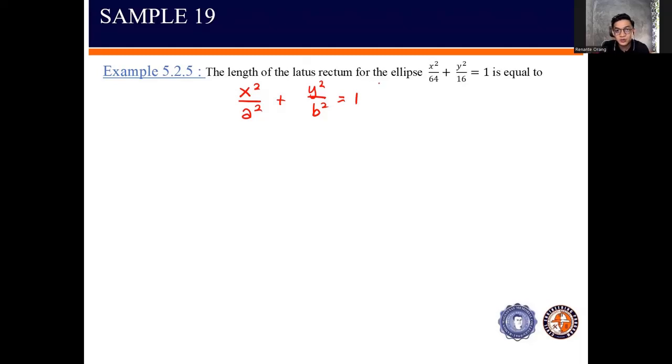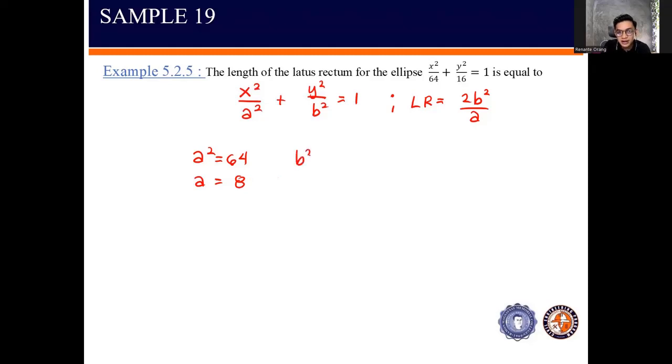And then take note, we have a formula kanina. LR natin is equivalent to 2b squared over a. Pakitingnan lang yung formulas natin kanina. So, all we need to do is to determine sino yung a tsaka b natin. So, by inspection, here, a squared is equivalent to 64. Diba? So, a natin is the square root of 64, which is equivalent to exactly 8.